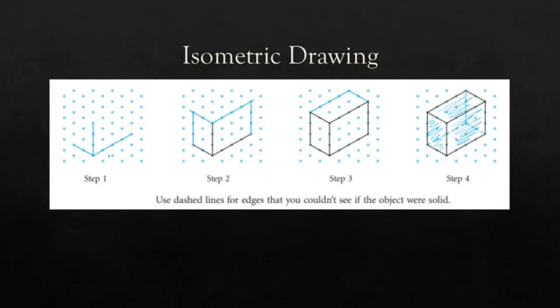After a while of practicing on the isometric drawing paper, then you'll probably be able to do these on your own. You can see here that in this last step, we can see 3 sides of this box or rectangular prism. So we can see 3 sides of the 6-sided figure, even though we're really only working on 2D paper.